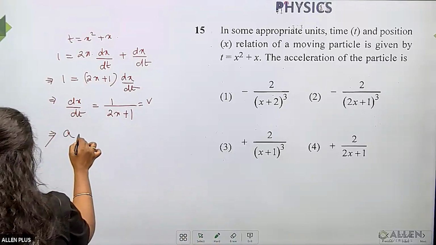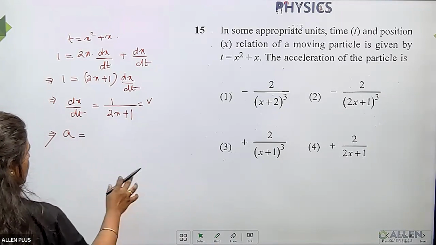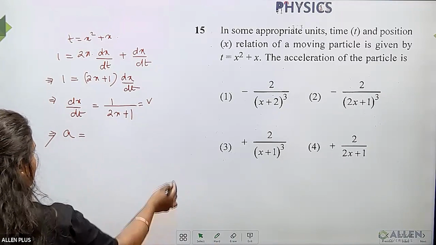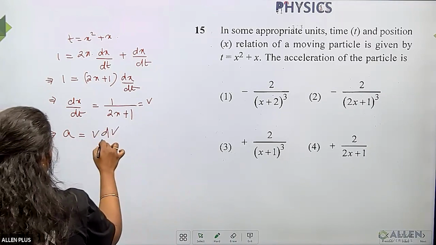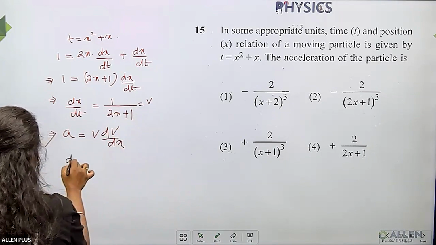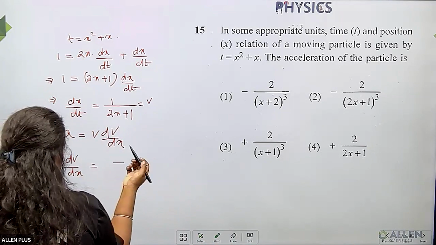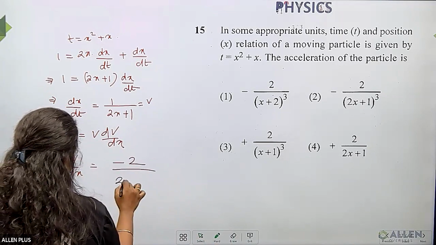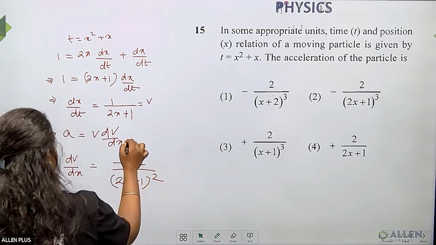Or what else can be done is, for acceleration, instead of differentiating with respect to time t and applying one more dx by dt, what we can do is a = v dv by dx. So differentiate this once again, you will be getting dv by dx is equal to minus 2 divided by 2x plus 1 whole square. Substitute both the values here.